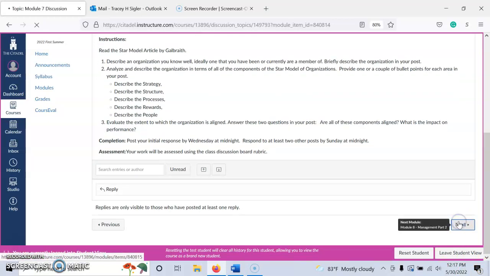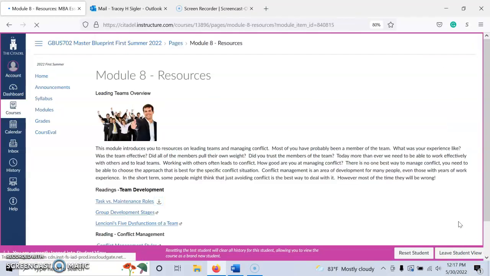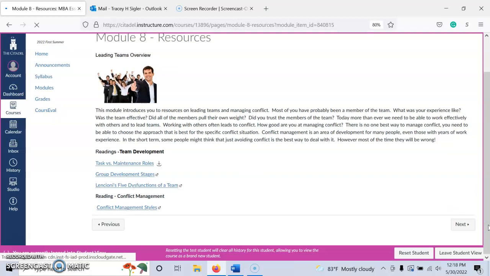The second module for this week on management has us looking at teamwork and conflict management. So the resources for team development give you some information on task versus maintenance roles. What are the different roles that are played in teams? What roles do we need to have played?